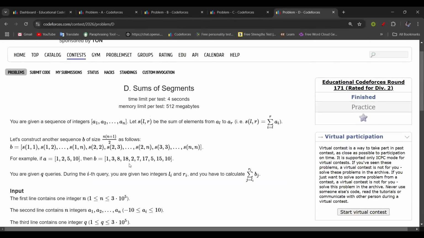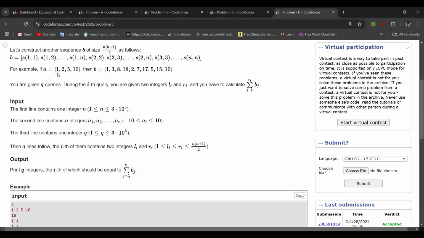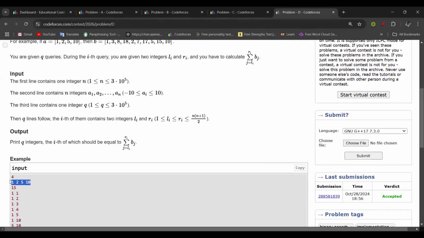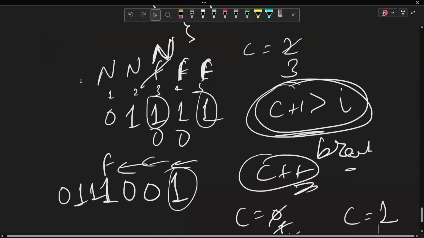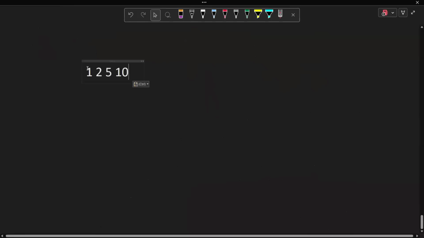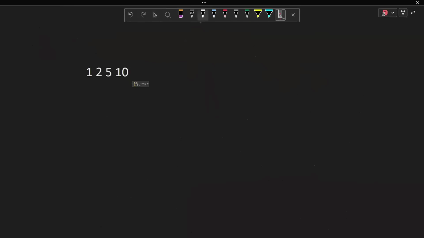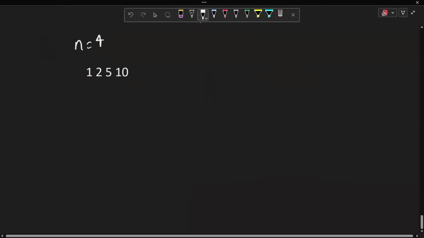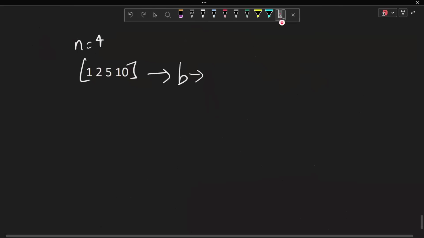Okay, so let's see how we can solve this problem. Basically, you are given some n-sized array, and then you create an array B. Now, that array B, you can divide into groups.